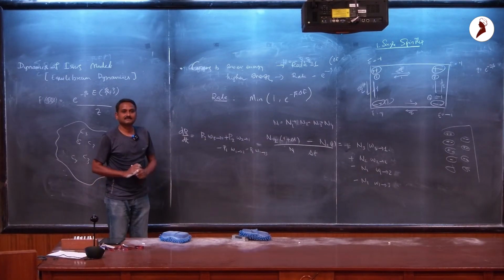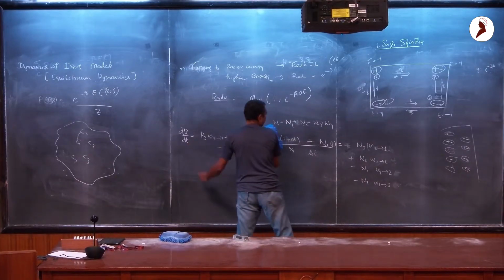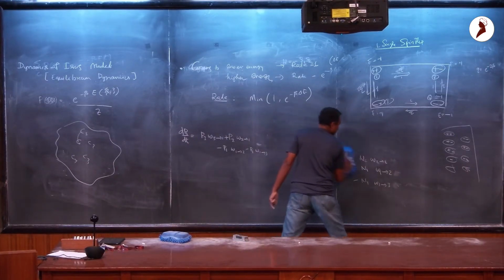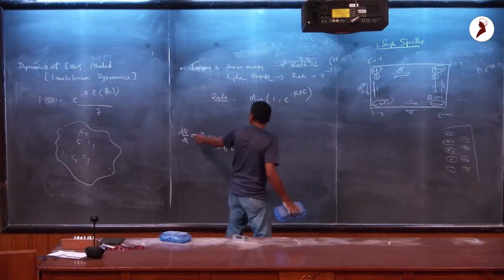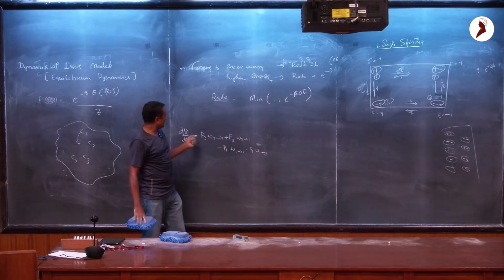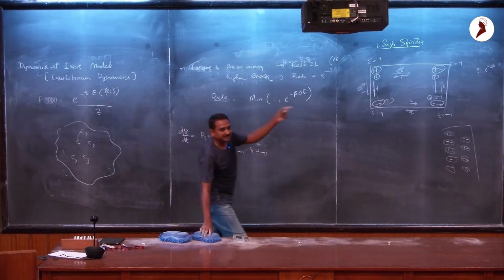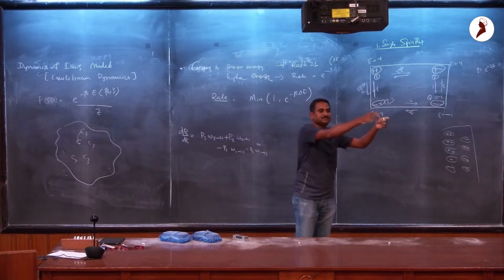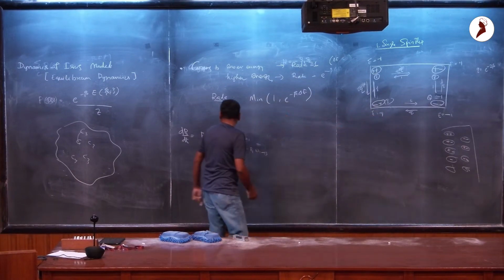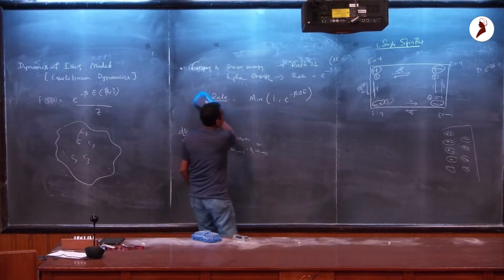When n goes to infinity and delta t goes to 0, this becomes dt and this becomes P1, the probability, because the fraction of systems in a configuration is called probability in the n goes to infinity limit.